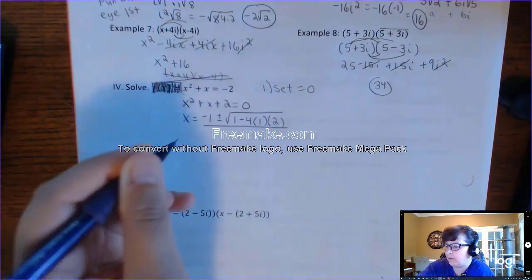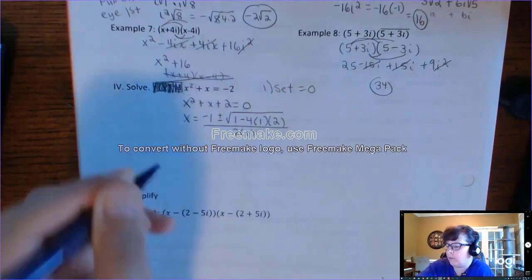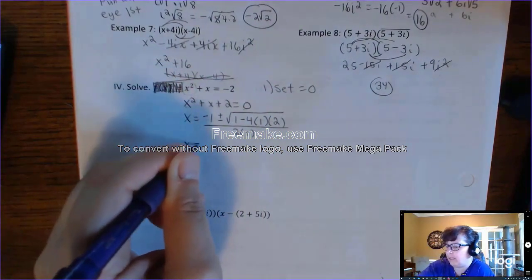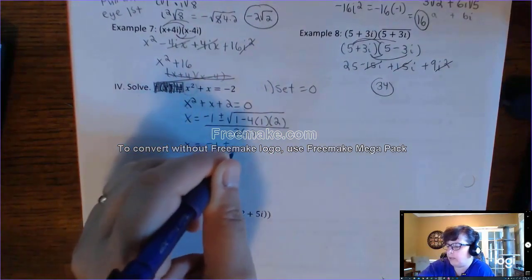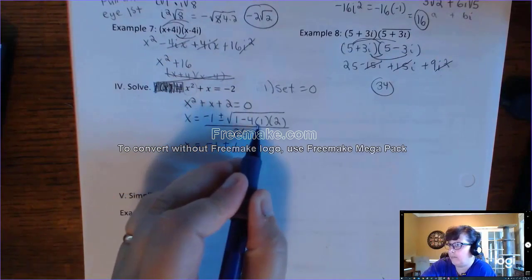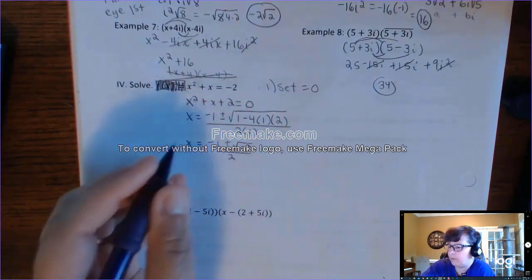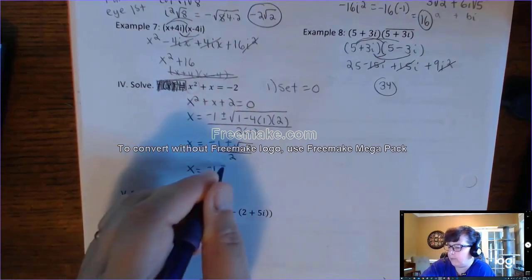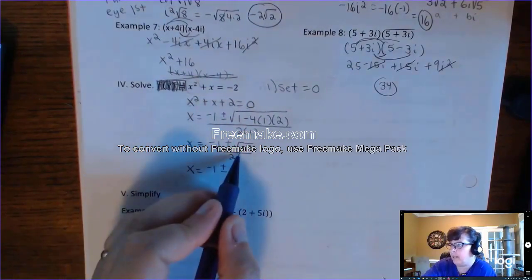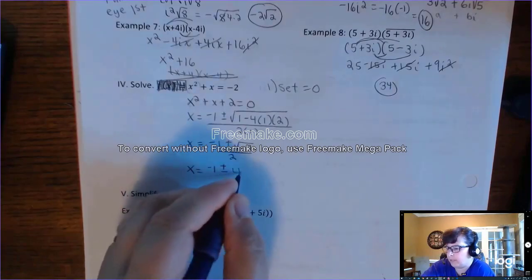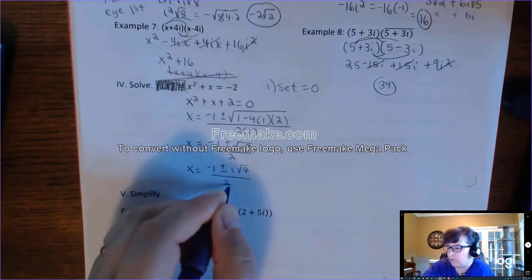All of that over 2 times 1. So x equals negative 1 plus or minus the square root of 1 minus 8, which is negative 7, over 2. And x equals negative 1 plus or minus, you have to pull an i out with a negative under a radical, so that's i root 7, over 2.